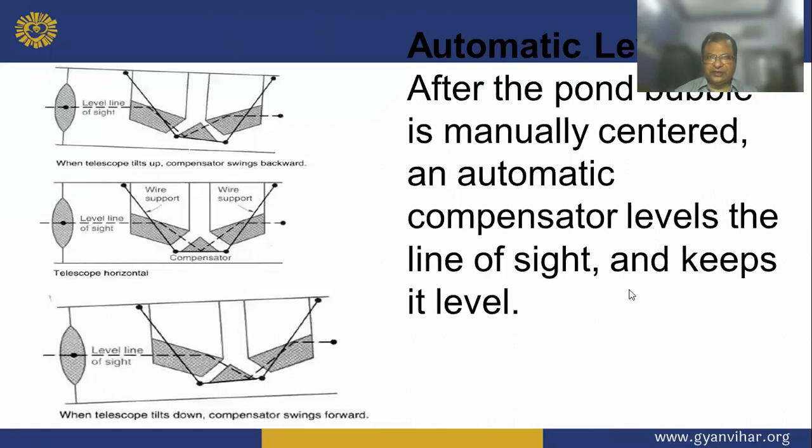Now in the case of an automatic level, after the pond bubble is manually centered, the automatic compensator levels the line of sight and keeps it level.